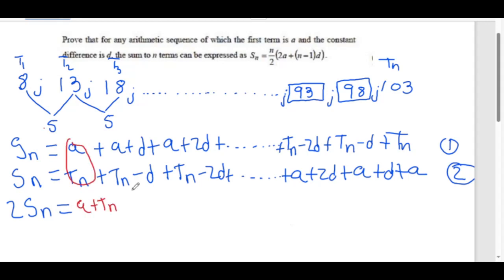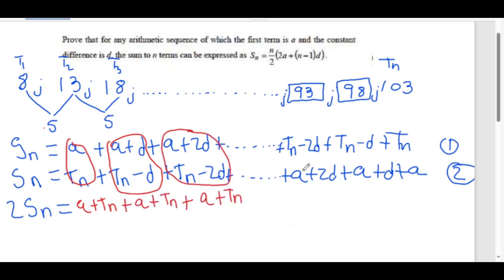Adding the second, the difference plus difference cancel each other, so we have a plus Tn. Then the two differences cancel again, and we're left with a plus Tn. The middle terms, this difference cancels this difference, giving a plus Tn. And the last one also gives a plus Tn.